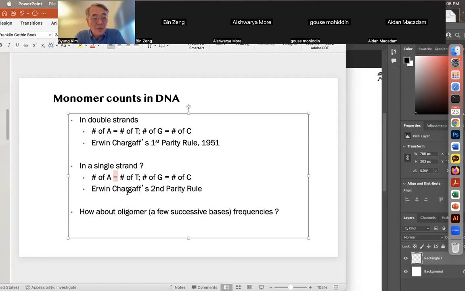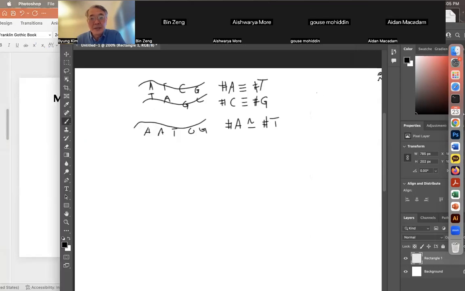Now we can ask the question at an advanced step. If you're counting the number of A's and T's, these are single nucleotides, or monomers. Monomer is for a single one, right? So if you have A, C, T, G, C, then each is called a monomer, meaning single.